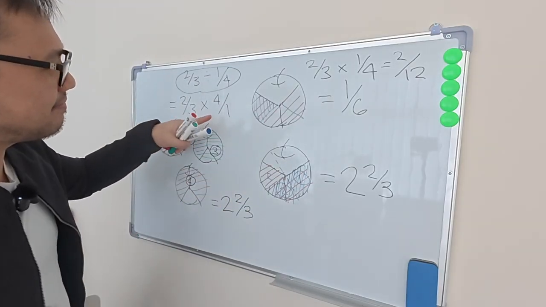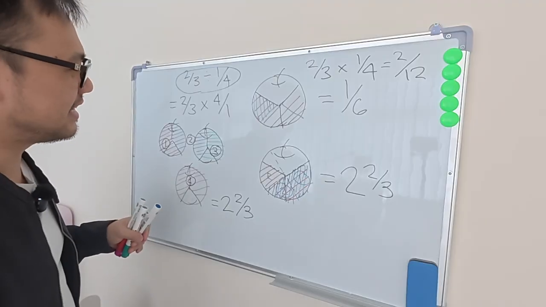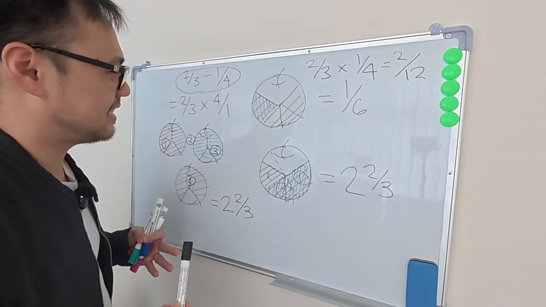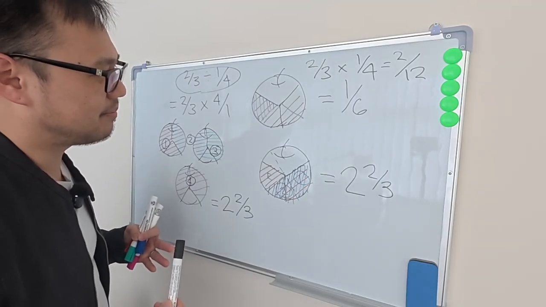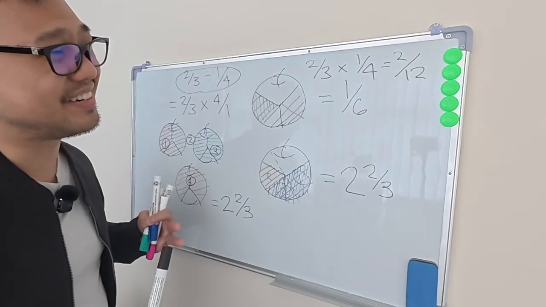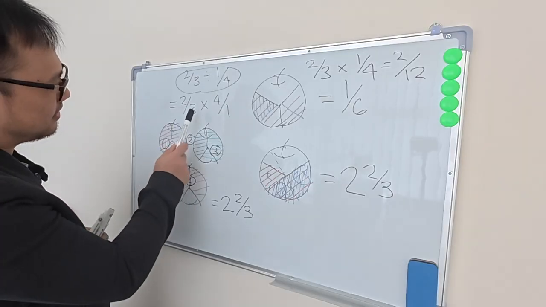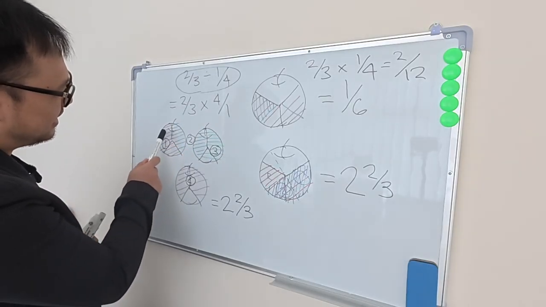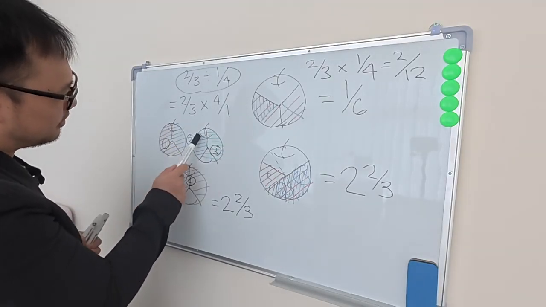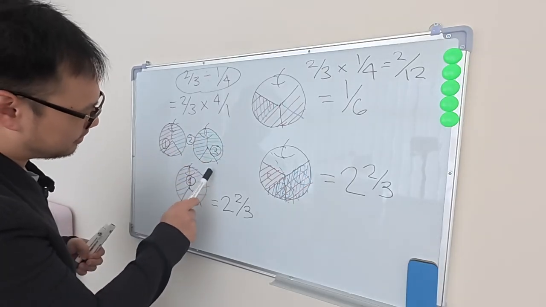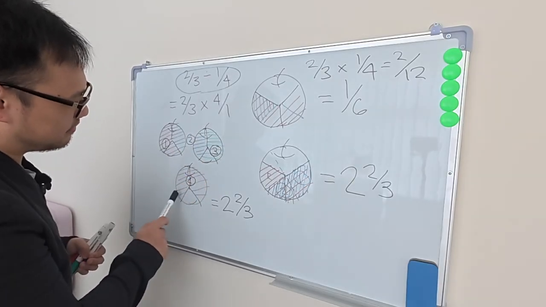When we end up making it into a reciprocal and then multiplying it, in an algebraic sense, you're getting the same amount, but you're not technically. Because in this equation, you can see 2/3 times 4/1 means you're getting one set of 2/3, two sets of 2/3, three sets of 2/3, and four sets of 2/3.